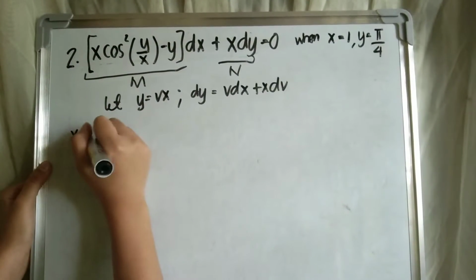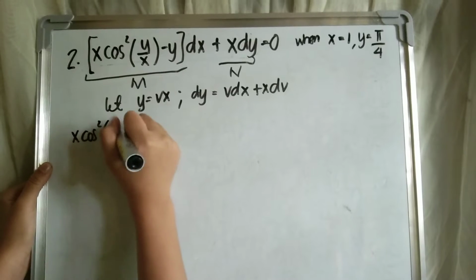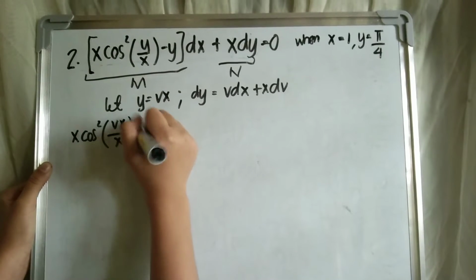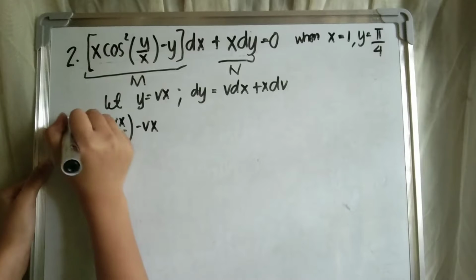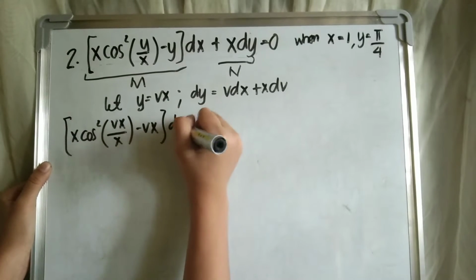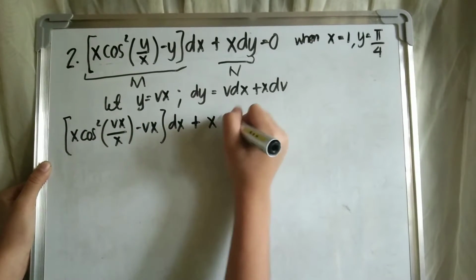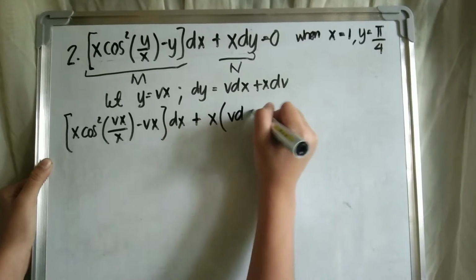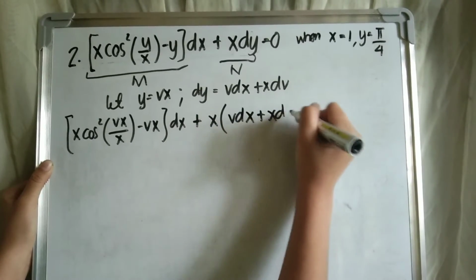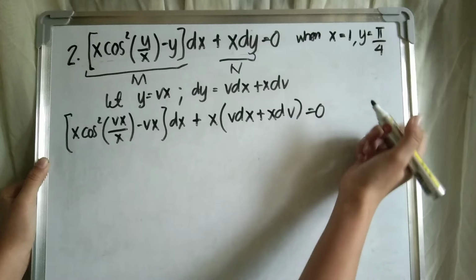Substitute, this will become (x cos squared of v of x over x minus v of x) dx plus x times (v dx plus x dv) equals 0.